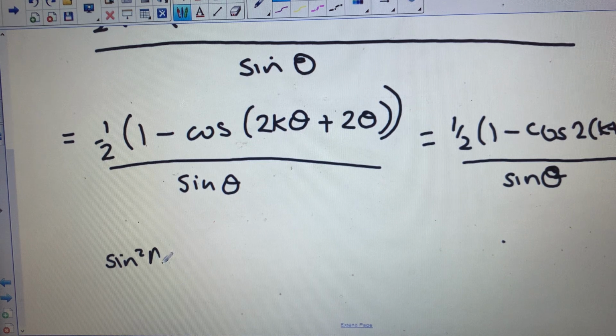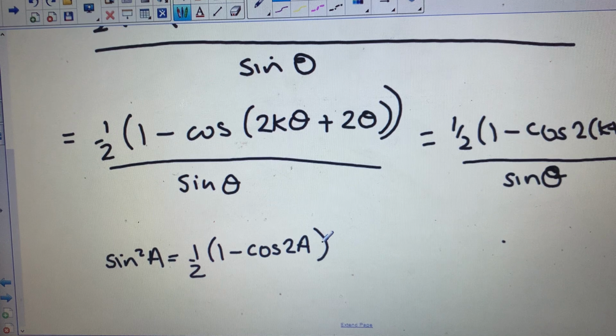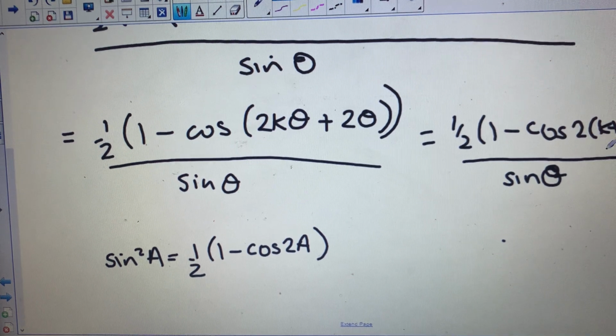Now, let's go back to our identity. Sine squared A is a half, 1 minus cos 2A. So using that identity, you can see that A is k plus 1 theta.